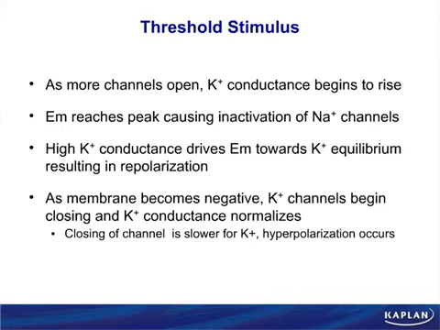The equilibrium for potassium. So we're going to have a very high potassium conductance, and sodium conductance is low. This is what causes the rapid repolarization. Once the membrane becomes negative, starts getting close to rest, potassium channels begin to close, and the potassium conductance normalizes. Again, the kinetics are slow, so we will see a little bit of a hyperpolarization.